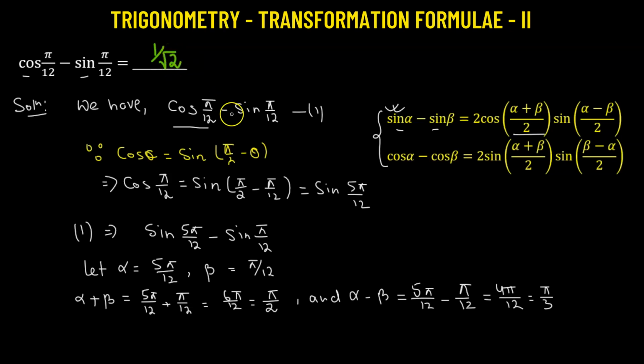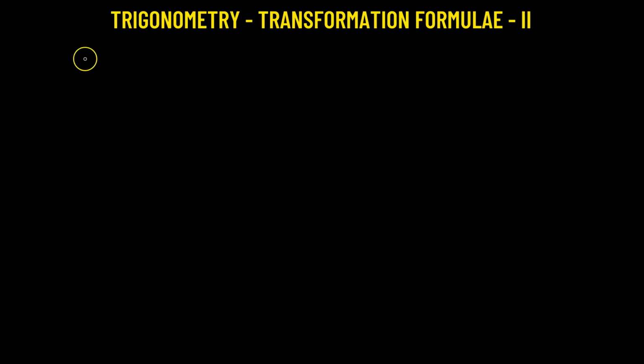Okay, now what we can do next is convert sine to cosine. If you convert sine to cosine and then apply this transformation formula, you should also get the same result. So let's try to do that as well. We have cosine of pi over 12 minus sine pi over 12. This is our original problem. We're going to use the fact that sine theta can be expressed in terms of its cosine equivalent as cosine of pi over 2 minus theta.